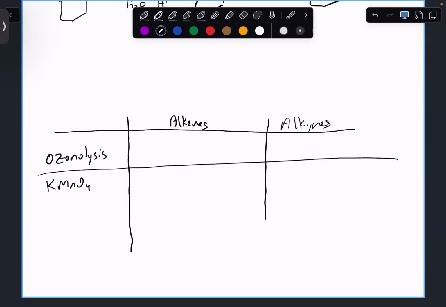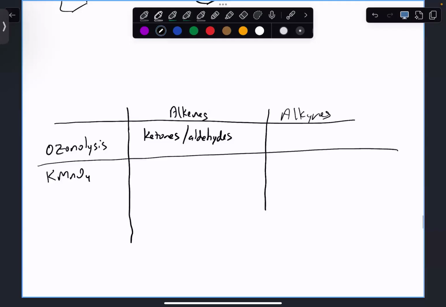And so if you recall, with ozonolysis and alkenes, what we isolated were ketones and aldehydes. All right, that was the milder form.